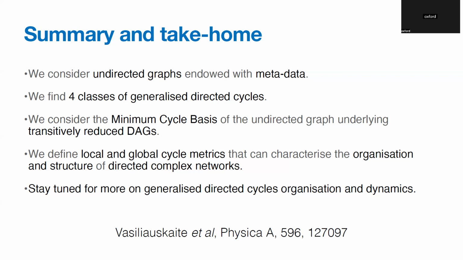That's also something we looked at briefly, but it is not in the paper: how the operation of transitive reduction changes the dimension of the cyclic basis. It has a relationship with the Betti numbers and the homology and all this.